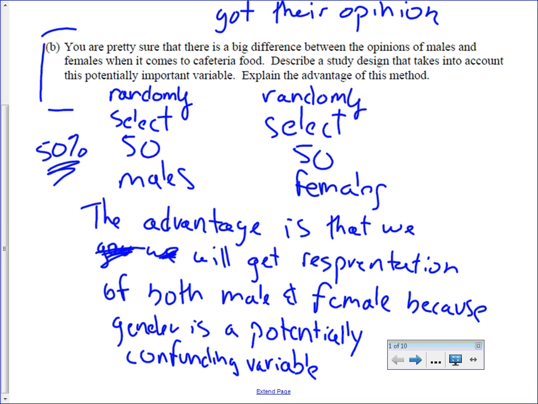And so this is stratified sampling. And we stratify to handle in case there is a potential confounding variable.